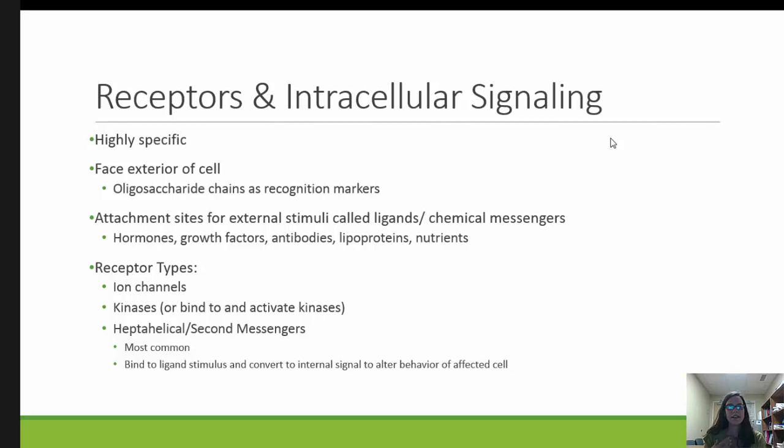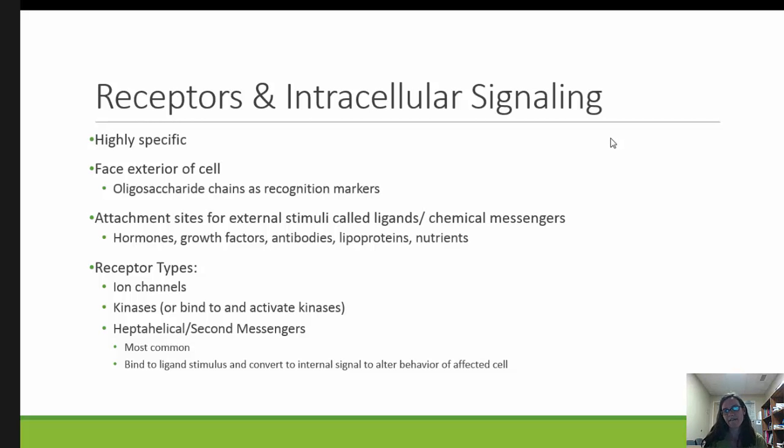Now we know that receptors are highly specific for the chemical messengers that dock on them. They face the exterior of the cell because, of course, they need to get the message from outside of the cell. I have a little sub-point there about oligosaccharide chains serving as recognition markers, and we'll talk more about that. Basically, on some of these proteins there are little carbohydrate chains that help the messengers recognize the specific cell.